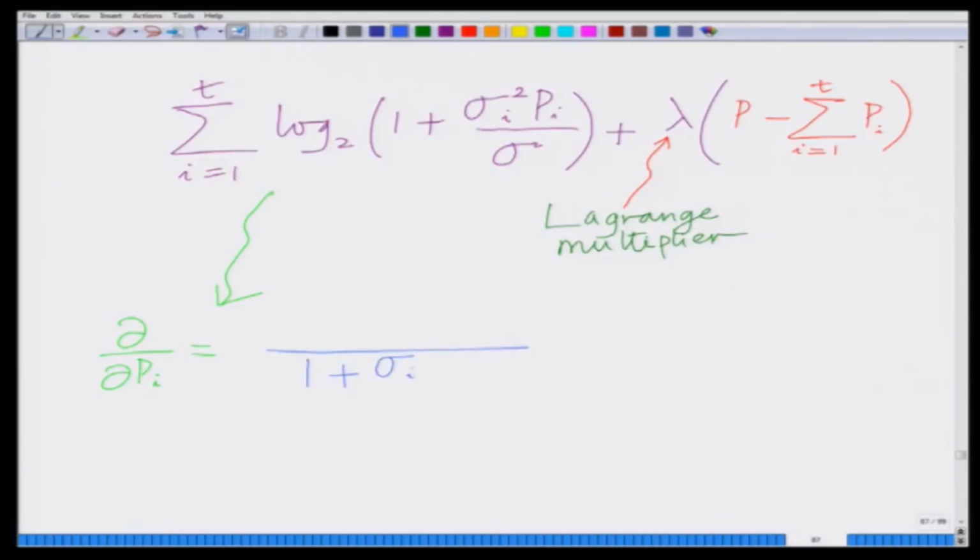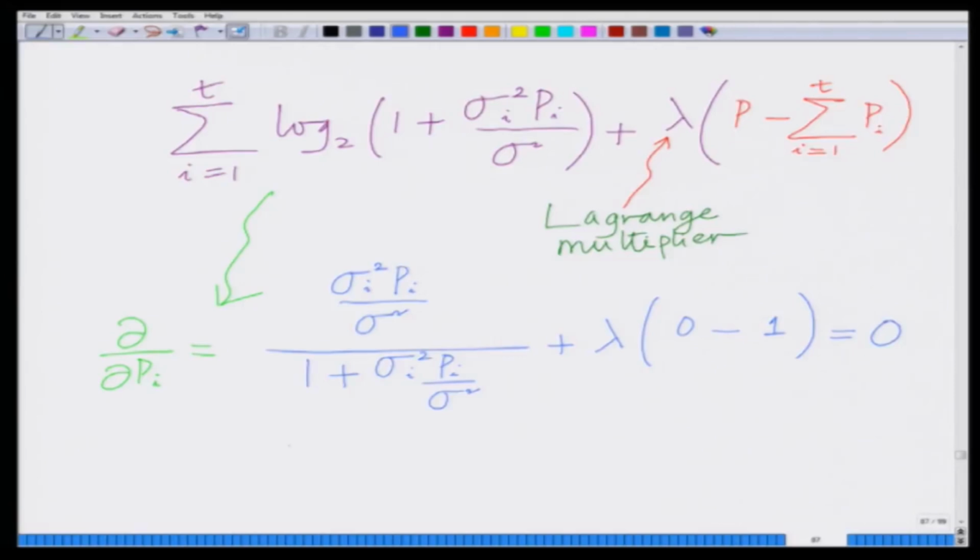So, 1 over 1 plus sigma i square Pi divided by sigma square, times the derivative of sigma i square Pi over sigma square with respect to Pi, which is basically sigma i square over sigma square, plus lambda times the derivative of P with respect to Pi, which is 0, minus, out of this summation only the derivative of Pi with respect to Pi will survive, minus lambda times, basically, minus 1, since the derivative of Pi with respect to Pi is 1. So, minus lambda is equal to 0.